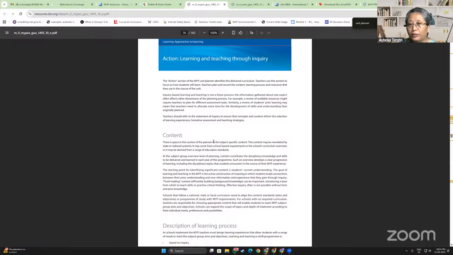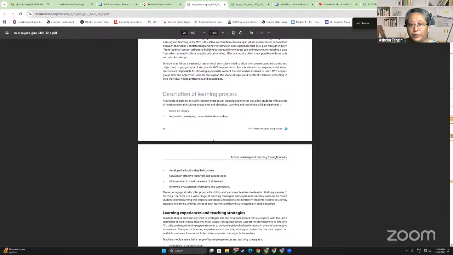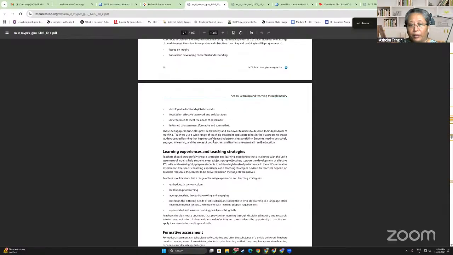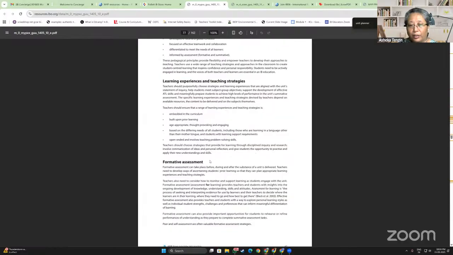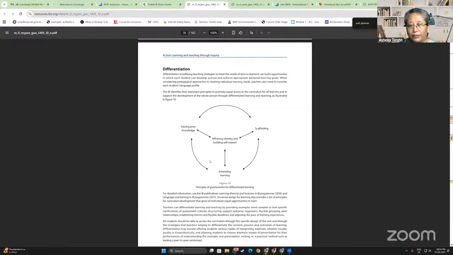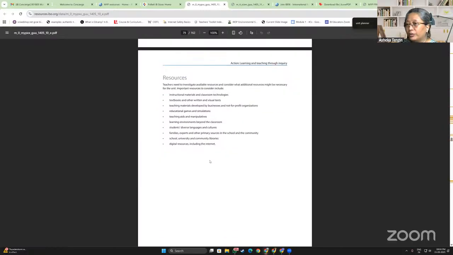So what does it include? The stage 2, the action includes content, description of the learning process, learning experiences and teaching strategies, formative assessment, differentiation, and resources. So these are the main headings that you will find in stage 2 of your unit planner.